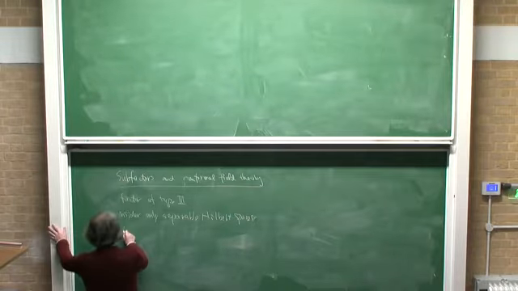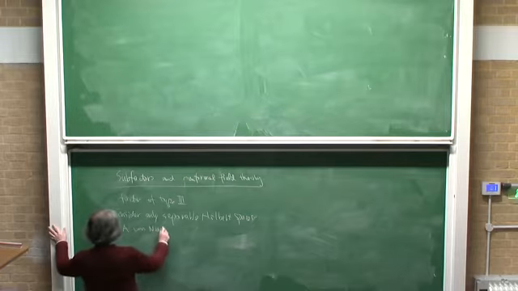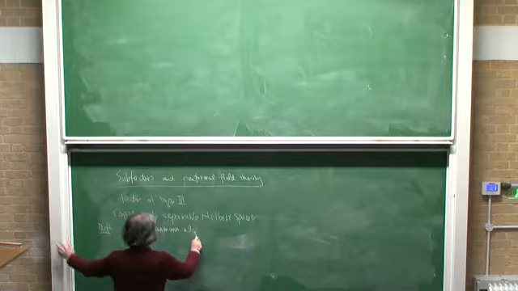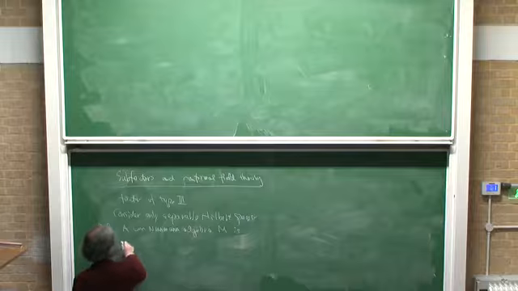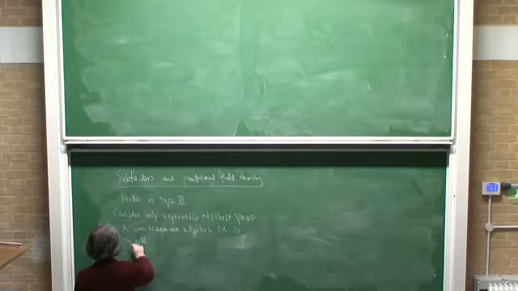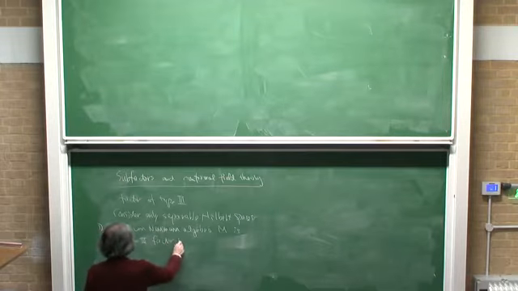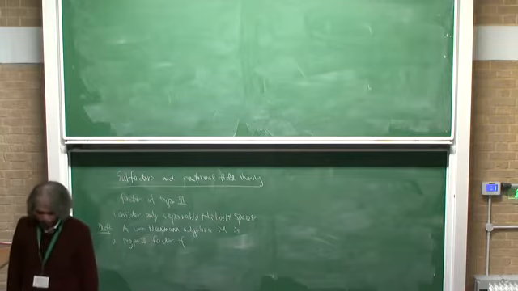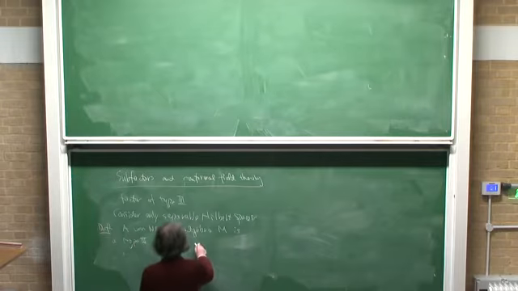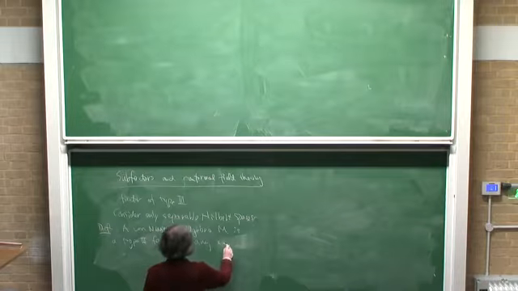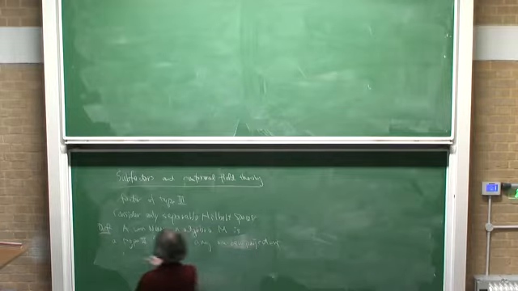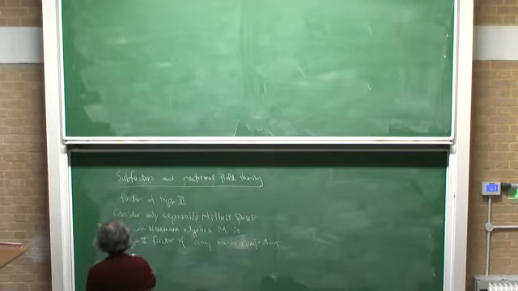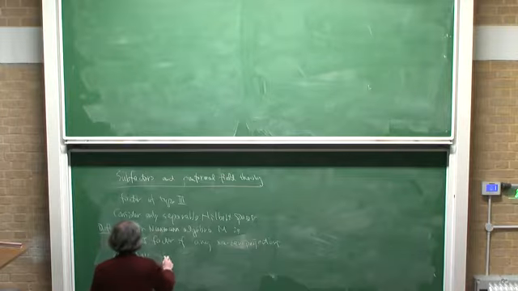A von Neumann algebra M is called a type 3 factor if any non-zero projections E and F are equivalent.